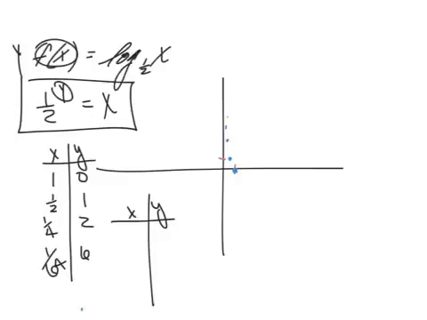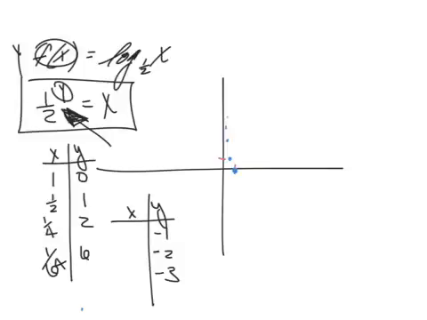Now let's look at some negative values for the y value. So let's say that y is -1, -2, -3. Let's see what happens.